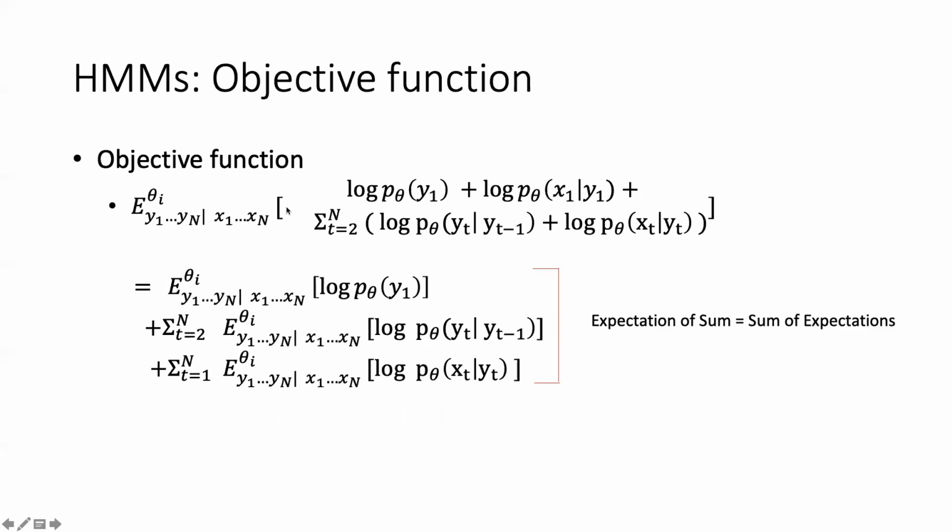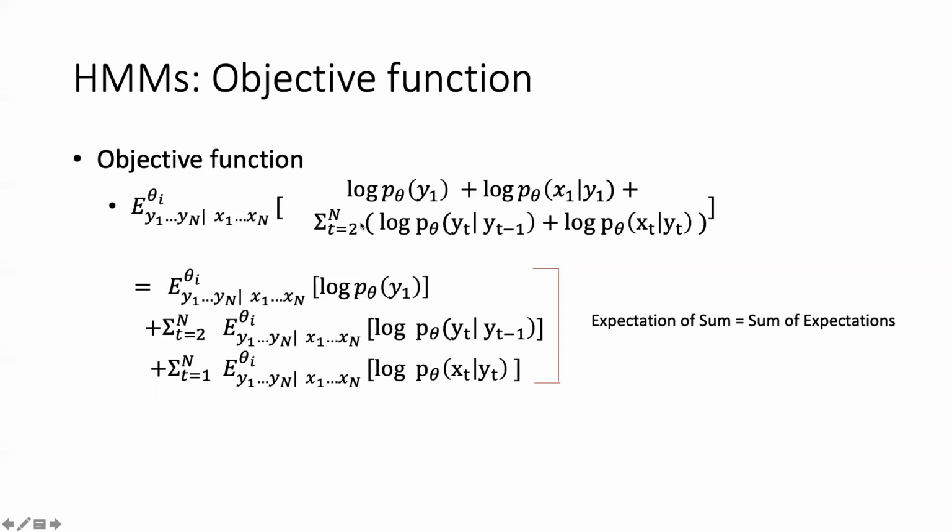By rewriting the expression of the joint distribution in terms of initial probabilities, transition probabilities and emission probabilities, and applying the log, we arrive at this equation. We also know that expectation is a linear operator: the expectation of a sum is equal to the sum of expectations.